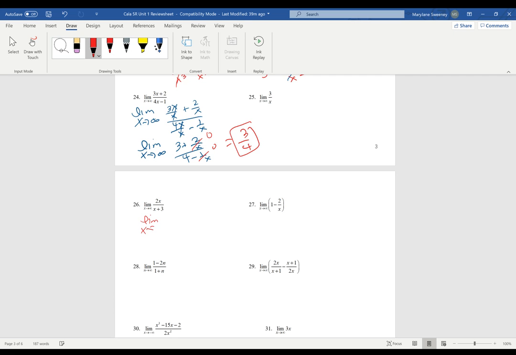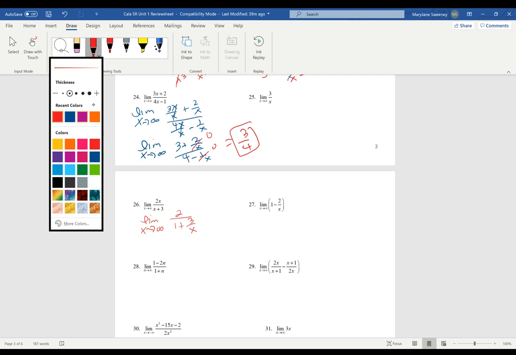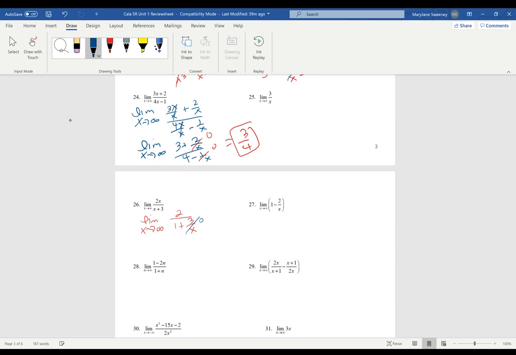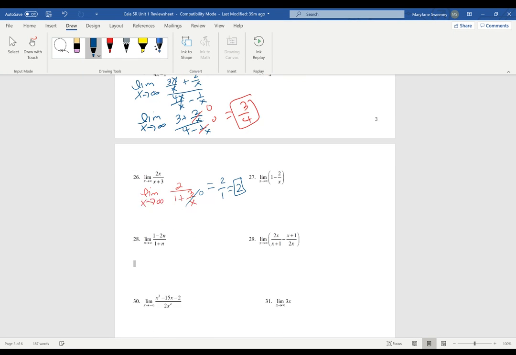You can also shortcut it if you want to and just divide everything by x. So that would be 2, that would be 1, that would be 3 over x. So I'm kind of okay if you skip that step. The limit as x goes to infinity of that is 0, so you have 2 over 1, which is 2.